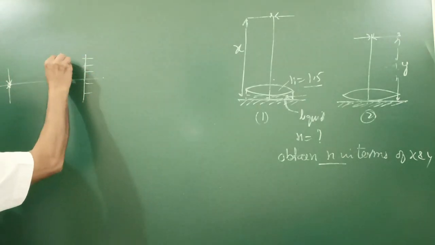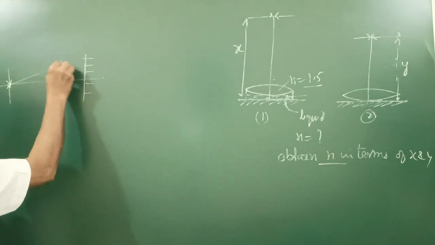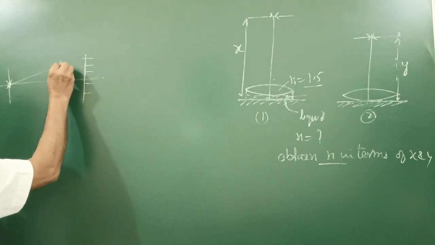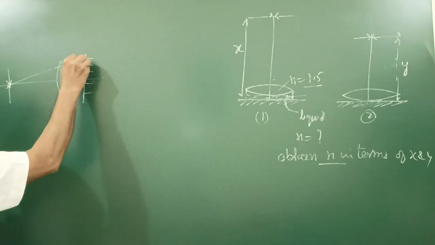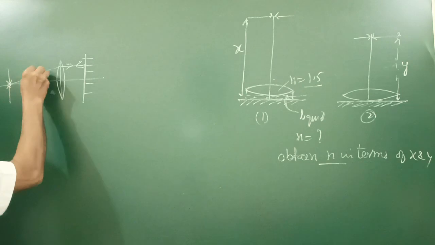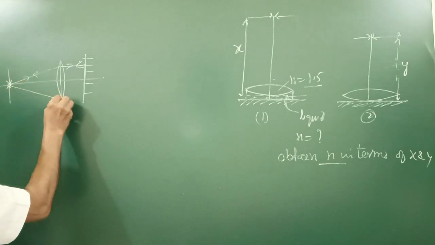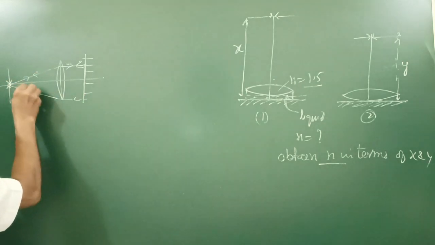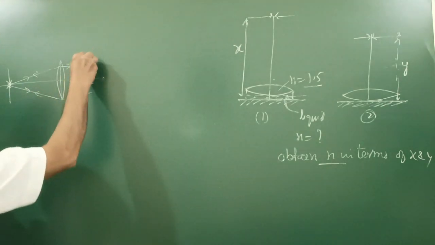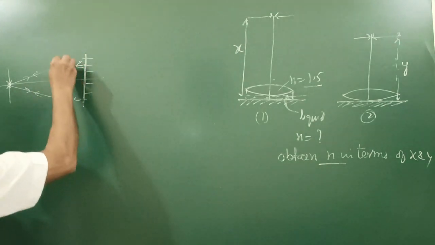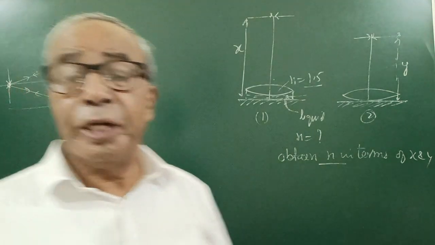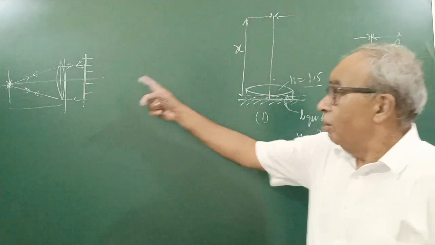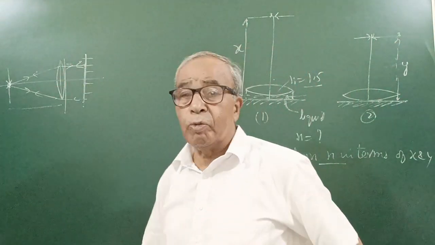If light after starting from this point becomes parallel to the principal axis, then it is incident normally and gets reflected back on the same path, and the image will be formed here, of the same size. Now it does not matter whether the mirror is here or touching the lens. Then this distance is the focal length, if the object is placed at the focus, when the plane mirror and the convex lens are like this.